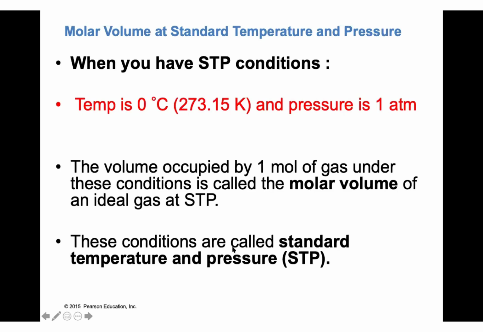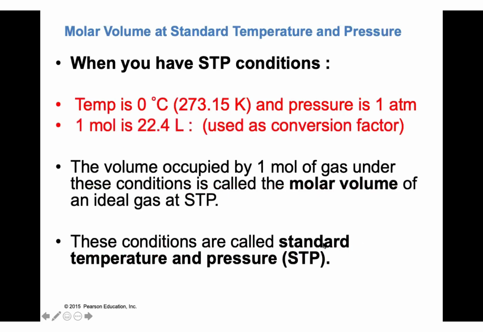And as I said, these conditions are called standard temperature and pressure. Again, make sure whenever you have STP, write down these two, guys. These two red sentences are very helpful.